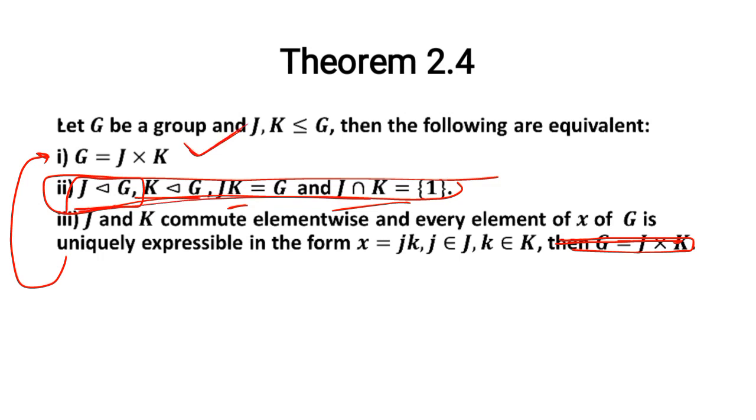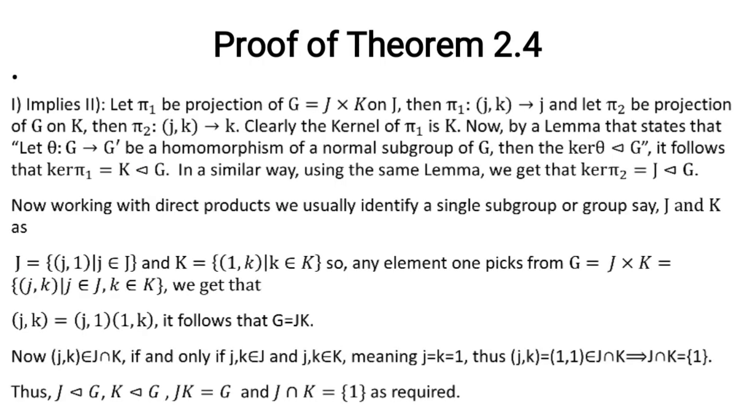Okay, so let's continue. We want to show that we have a direct product. The first thing we want to do is look at the projection mappings. So we've got the projection mapping pi 1 on JK, such that pi 1 maps to J. We've got a projection mapping pi 2 on K, such that pi 2 maps this way.